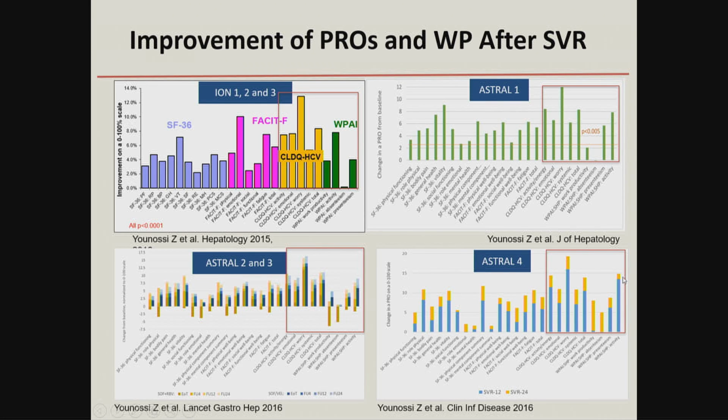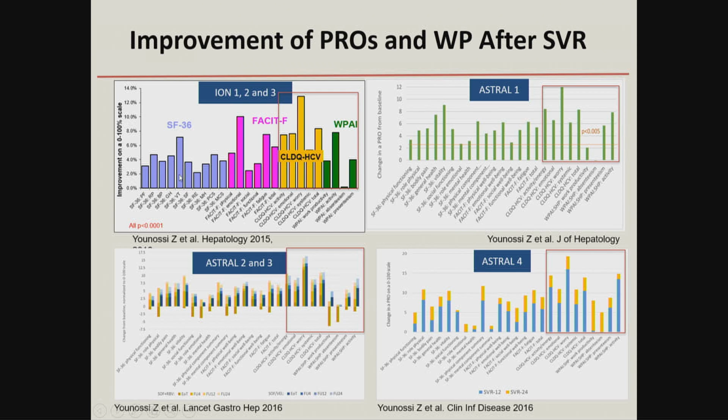Now let me look into PRO changes as a consequence of sustained virologic response. And again, you have a summary of a number of different studies here and different instruments: SF-36 in blue here, FACIT-F, which actually measures fatigue, a disease-specific instrument, and work productivity. There are a number of different regimens, as you can see here, and this is actually multiple different domains, and this is a change from the baseline.